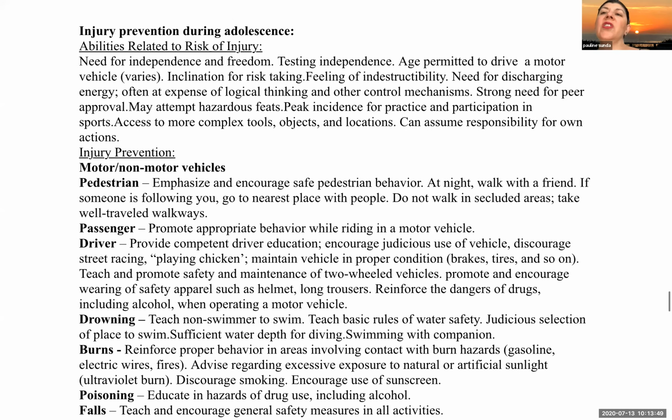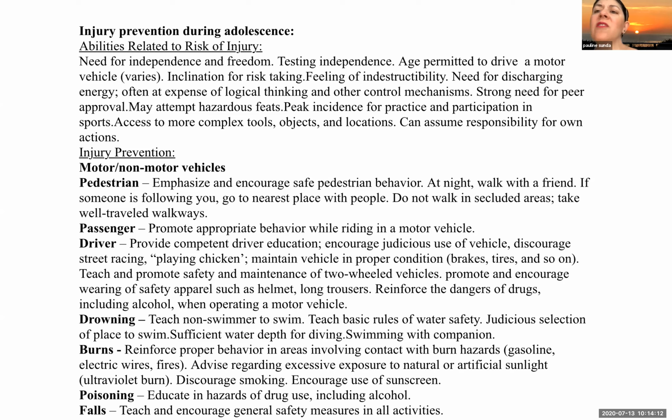Injury prevention during adolescence. So what are the factors related to the increased risk of injury? They have a need for independence and freedom. They're testing out that independence. They may actually be able to drive. There is that inclination for risk-taking. They have that sensation that they are indestructible.